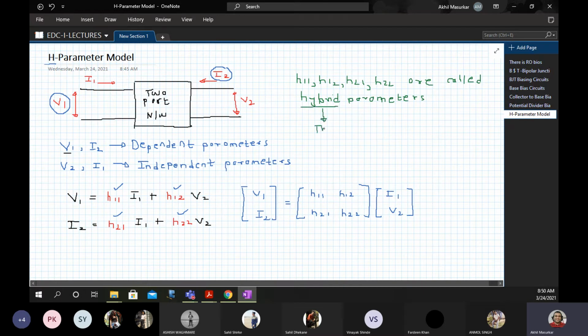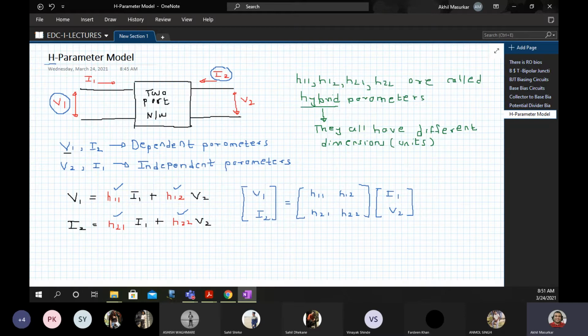Because they all have different dimensions, or we can say different units. That means one will be voltage gain, one will be current gain, one will be impedance, one will be admittance, and so on. So that is the meaning of that.